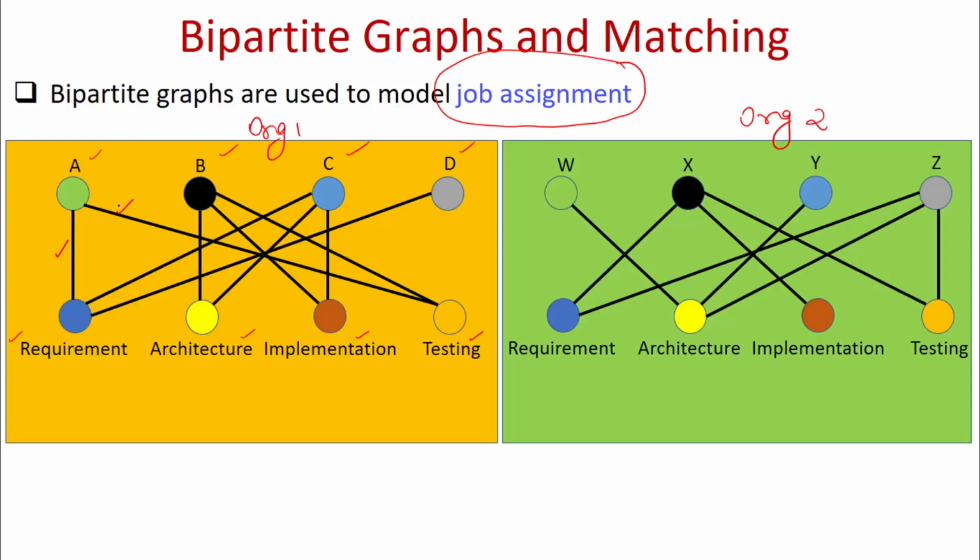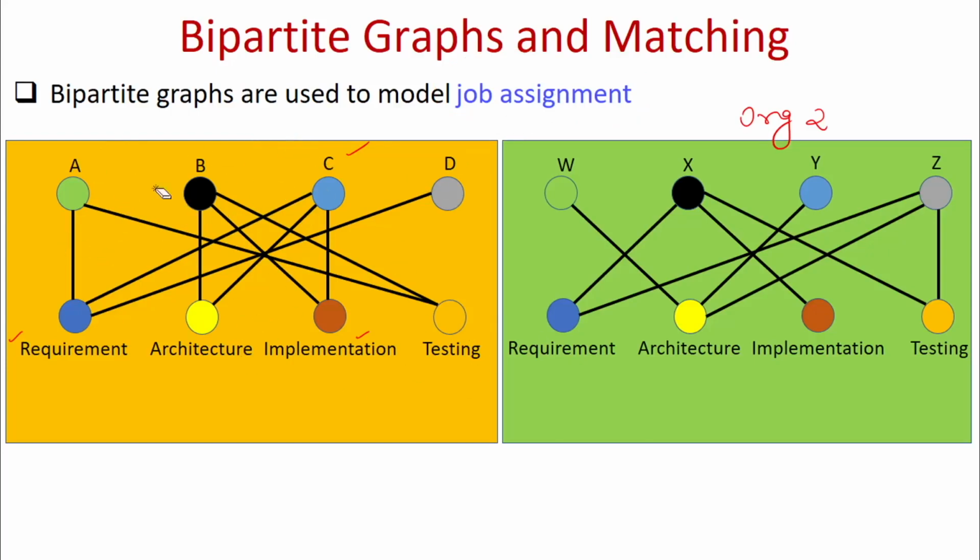In the same way, the employee B can handle three of the modules: architecture, implementation, and testing, and so on. Similarly, the edges are added in this graph representing the skill set of the employees in organization 2.